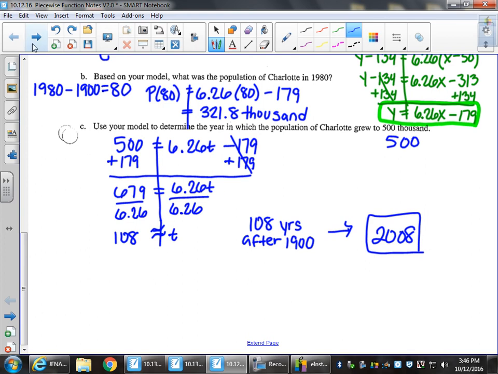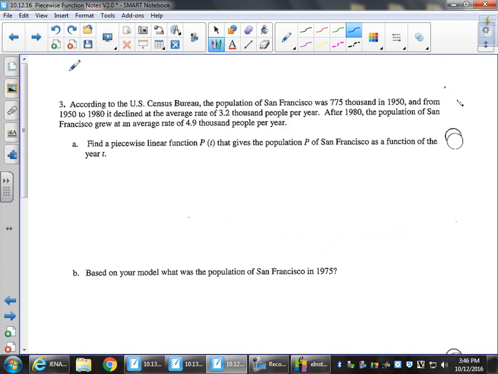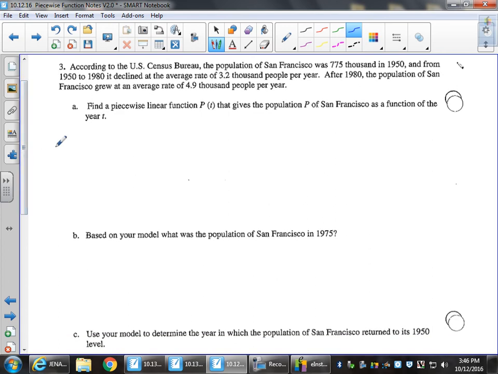Great. Let's talk about number 3. According to the U.S. Census Bureau, the population of San Francisco was 775,000 in 1950. From 1950 to 1980, it declined at an average rate of 3.2 thousand people per year. After 1980, the population of San Francisco grew at an average rate of 4.9 thousand people per year.